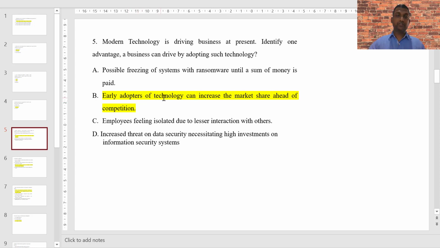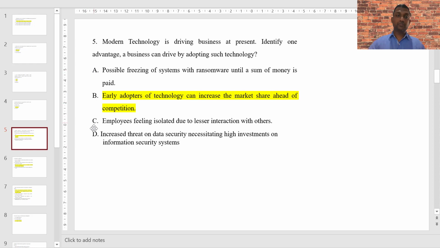Early adopters of technology can increase the market share ahead of competition. That's the second one. Third one: employees feeling isolated due to lesser interaction with others. Fourth: increased threat on data security, necessitating high investments on information security systems.